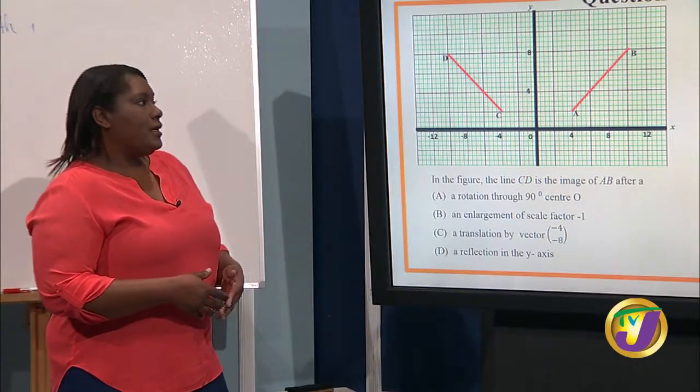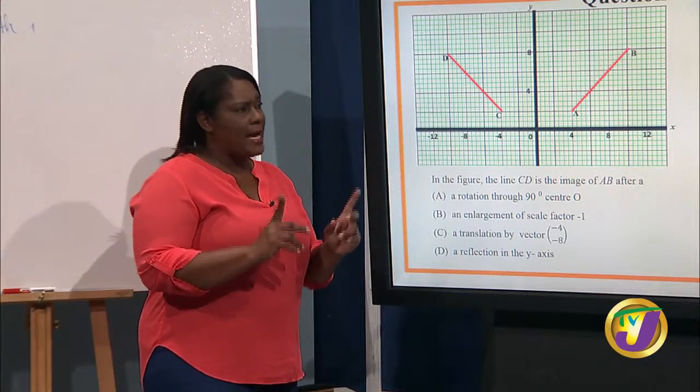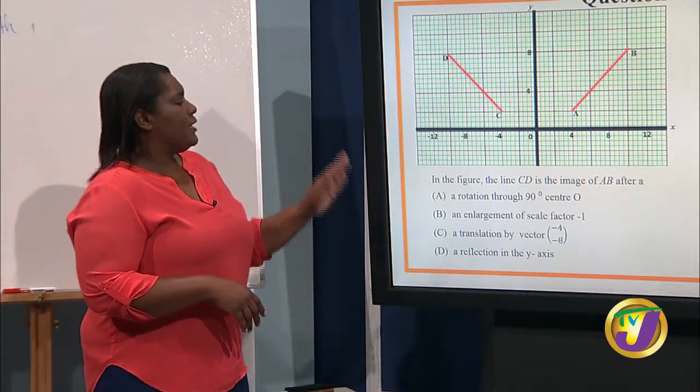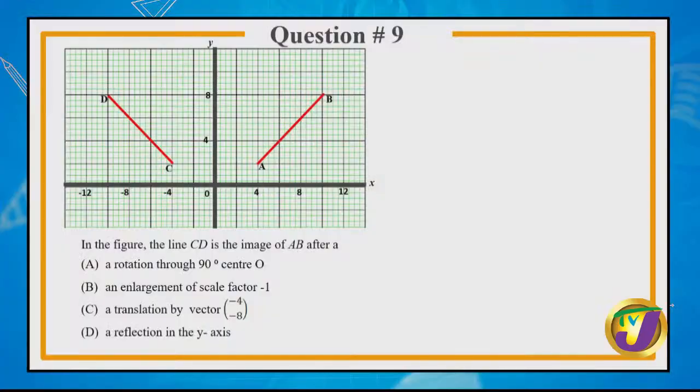Now, I wouldn't say impossible, but it's going to be time consuming to go through and list all the information that you know about rotation, enlargement, translation, and reflection. Even though it's time consuming, there are certain checks that you are going to be making in order to help you select a correct answer.